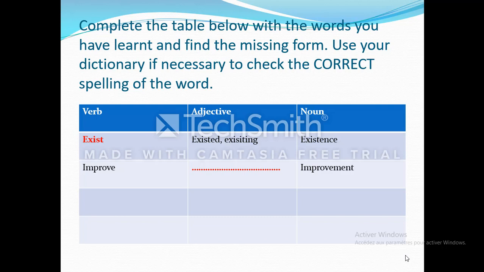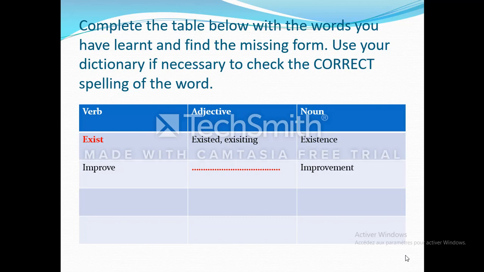What you are going to do is a kind of recycling of the words that you have learned from the beginning of the video. For example, you have seen the adjectives existed, existing, and its noun existence, but you didn't see the verb, which is exist. So you must find it in your dictionary.